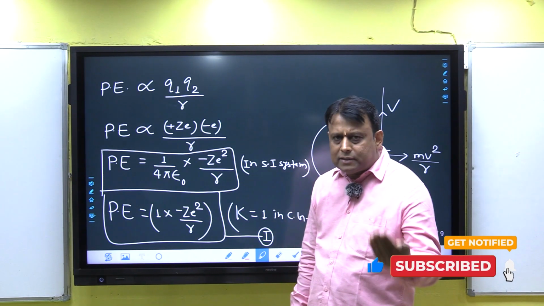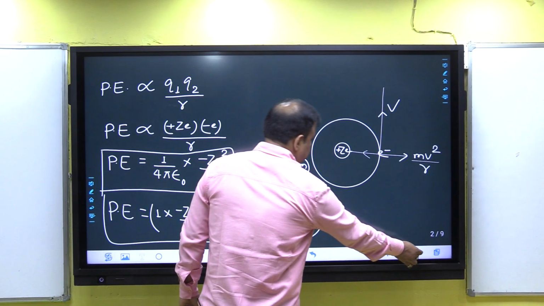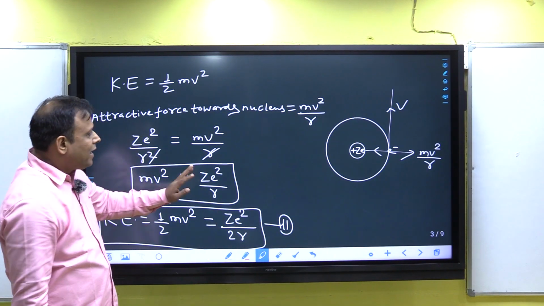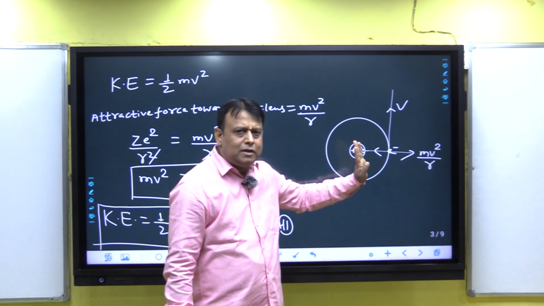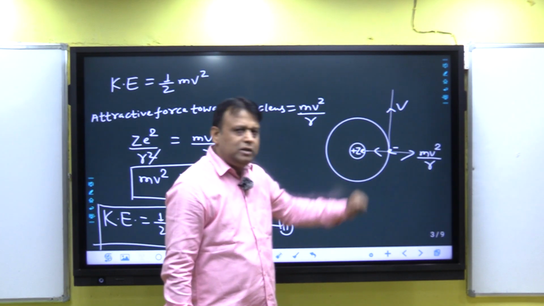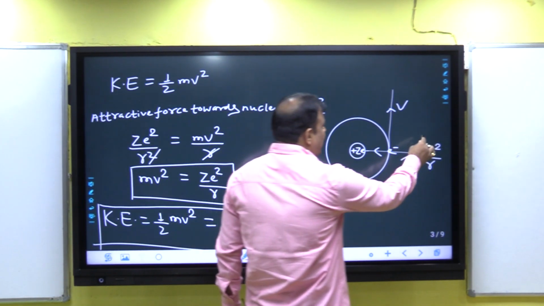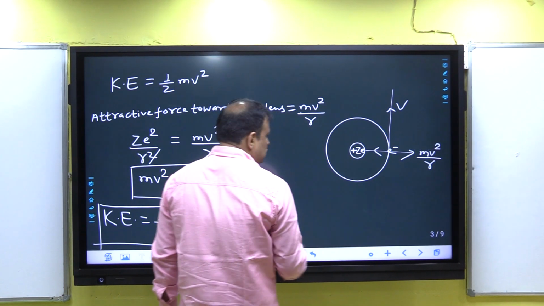Now I will discuss kinetic energy. Listen, kinetic energy. Again, nuclear charge plus Ze, electron charge minus e, and mv square by R is centrifugal force.